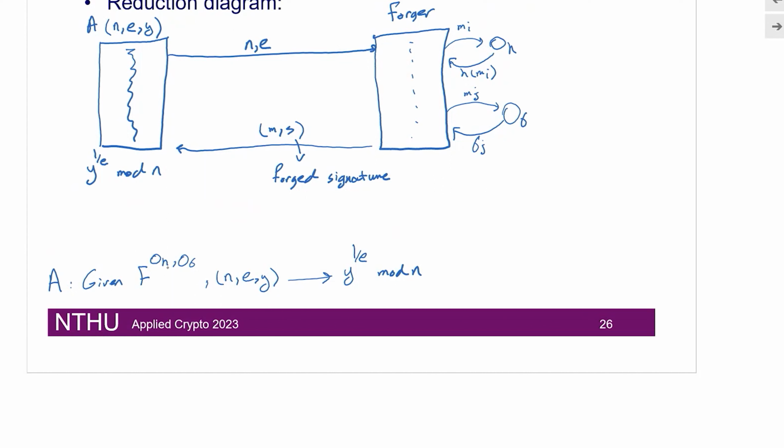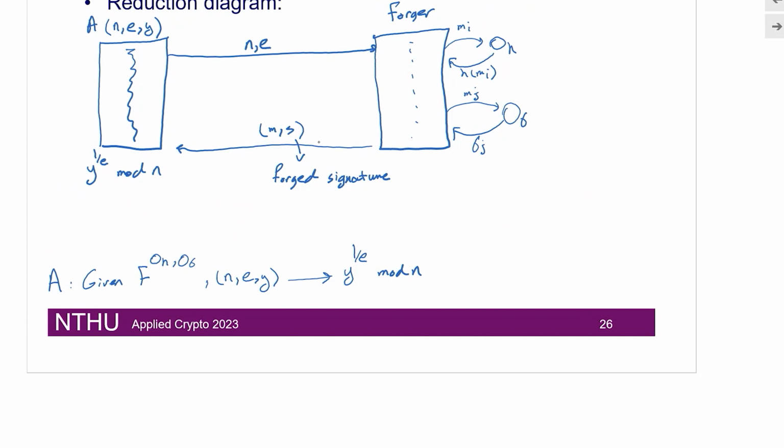A would have to provide the oracle of signature and oracle of the hash function to the forger and all those things, and then the forger would provide us the signature. So what we want to do is create this A function that, given this input, A would take care of the rest, right? And it would just compute the eth root for us.